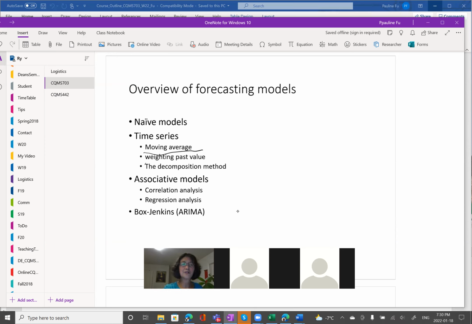We also use weighting, where the most recent data has more value. For example, last month's data is more important than a month from 2 years ago, so we put more weight on the most recent data.